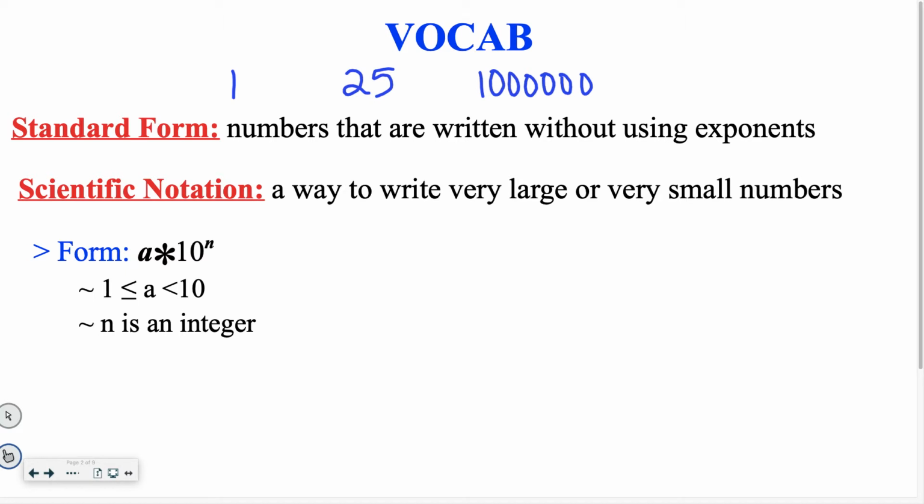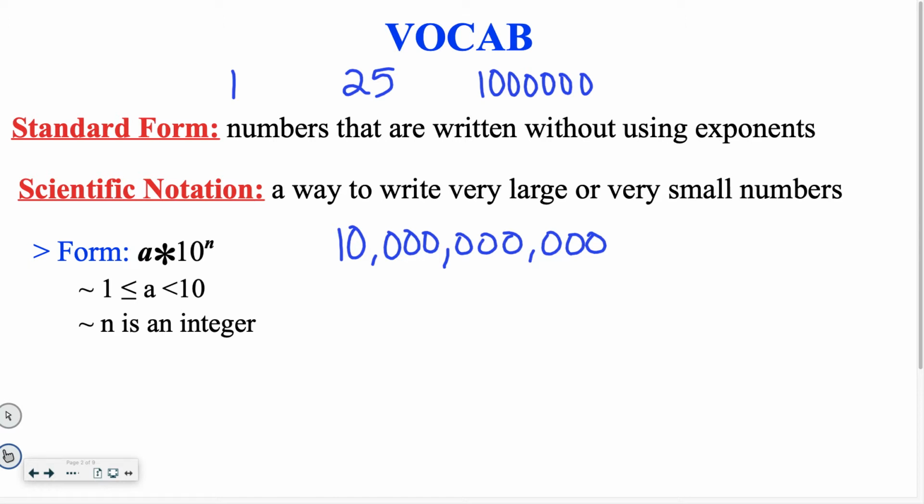Scientific notation is a faster way to write really, really big or really, really small numbers. So if we were working with 10 billion in a problem, that would be really annoying to have to keep writing over and over, right?